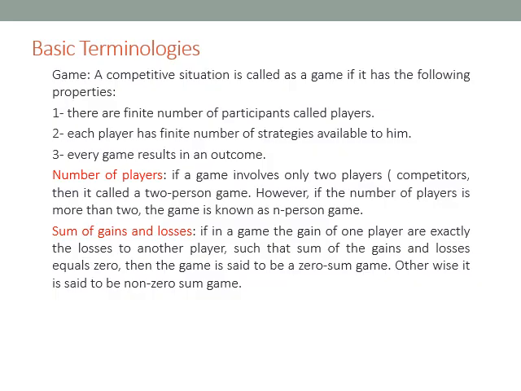These are the main characteristics of a game. First, there is a finite number of participants or players. Each player has a restricted number of strategies available to him. Every game results in an outcome.